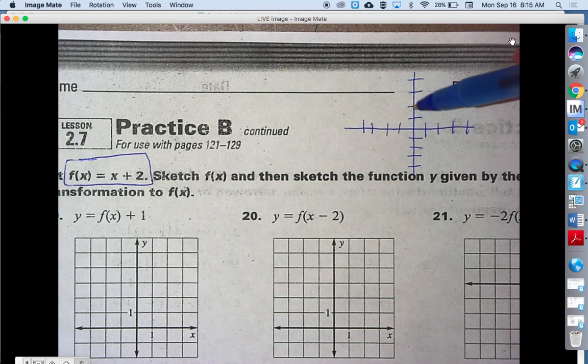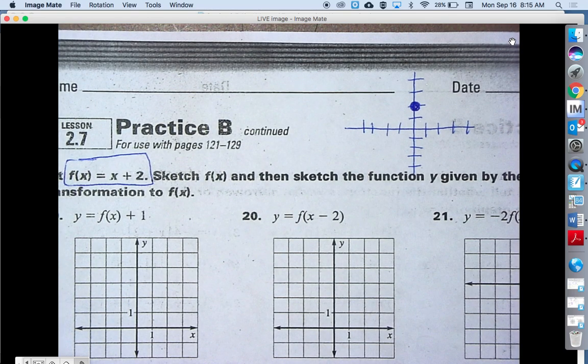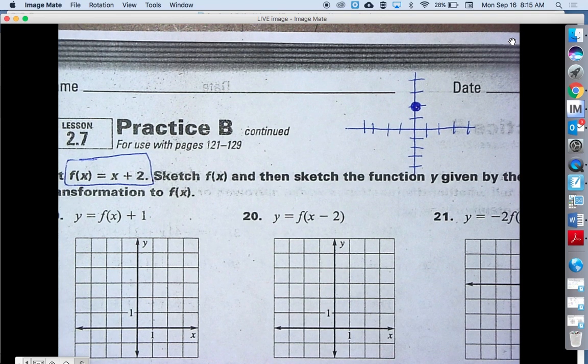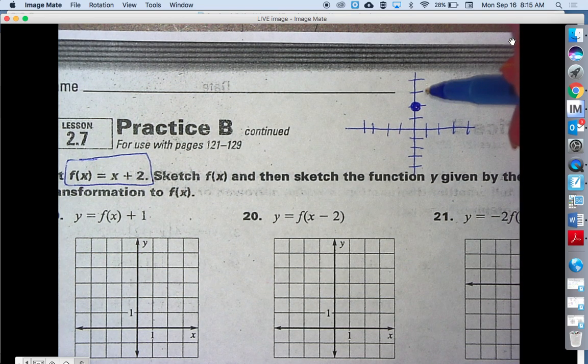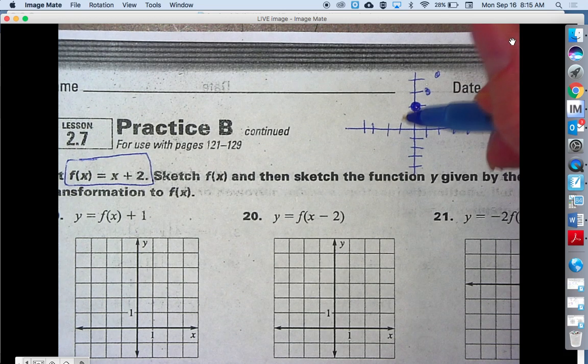Yeah, so begin with b. This is mx plus b form. So the y-intercept is 0, 2, and the slope would be 1. So I would move up 1, right 1, or down 1, left 1.